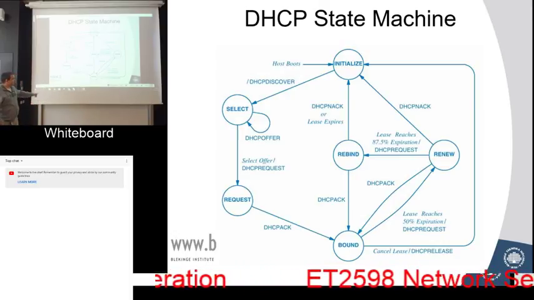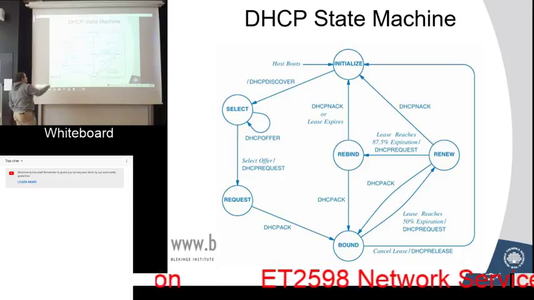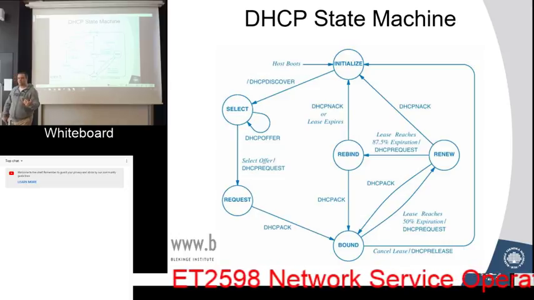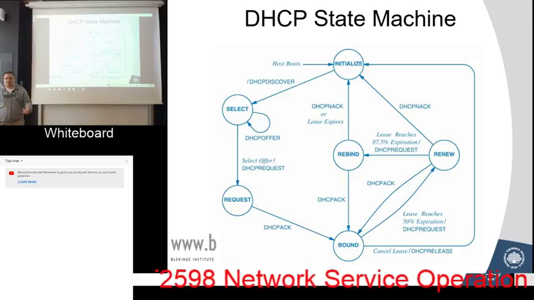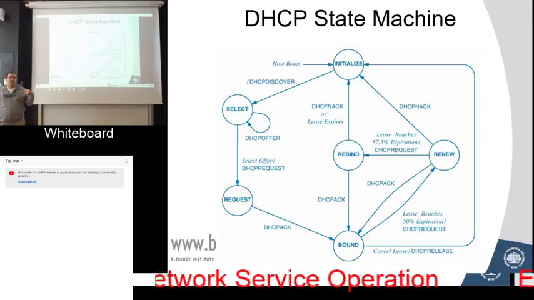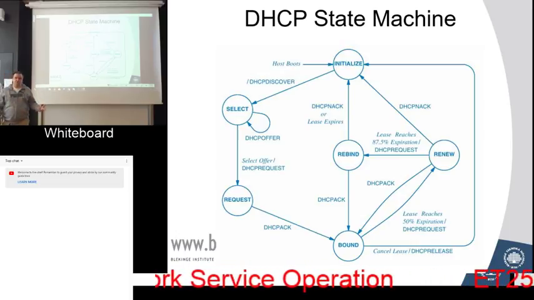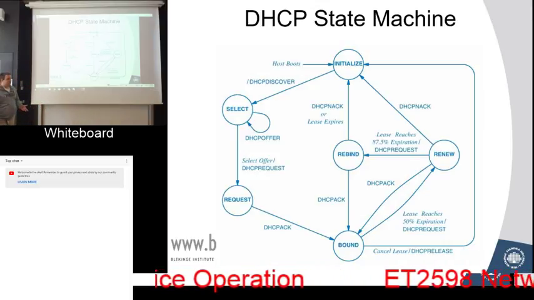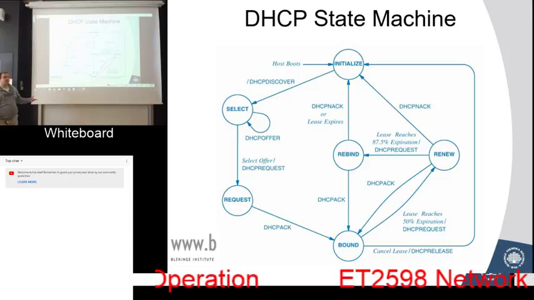If it doesn't get a request for that offer after an amount of time, it will resend that offer again, assuming that the offer was lost or destroyed, because it's a connectionless protocol, so we don't know, anything can be lost at any time.